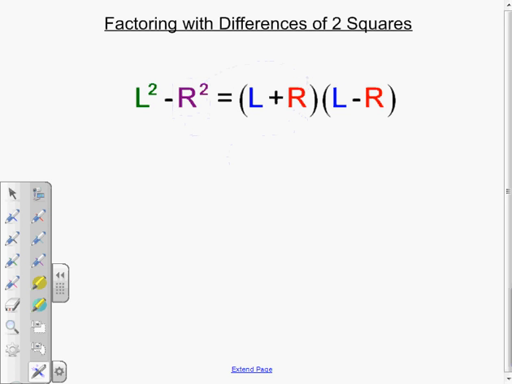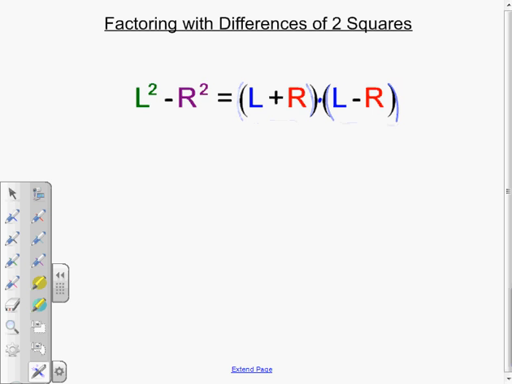So all you need to be able to do to emulate this pattern is to identify that you have a difference of two squares, take the square roots, and write them in this order. One is a sum, one is a difference, and then create the product by having these quantities, which makes it a multiplication problem.